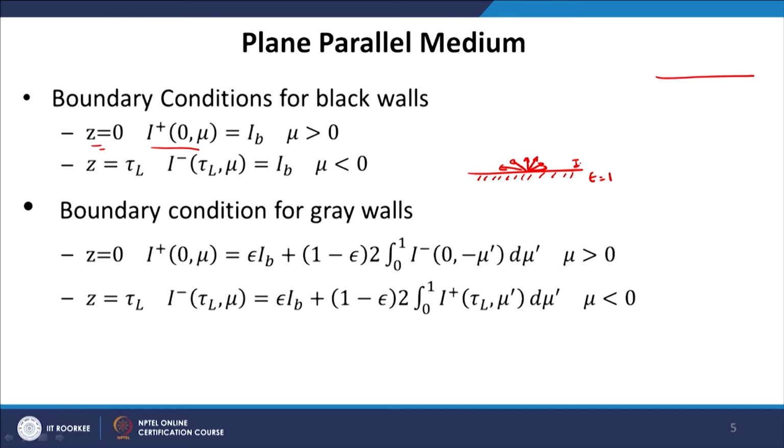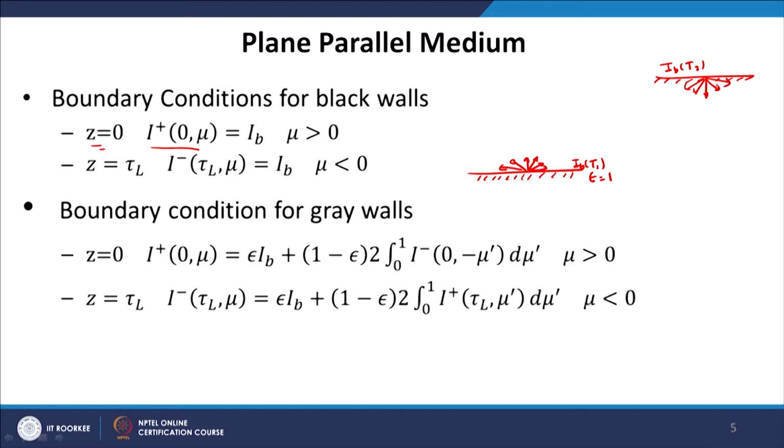So, this is I b at local temperature, let us call T 1, and this is I b at local temperature T 2, and this is the top plate, and the intensity is going to be isotropic, that is uniform in all direction.